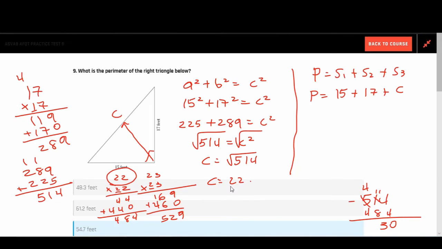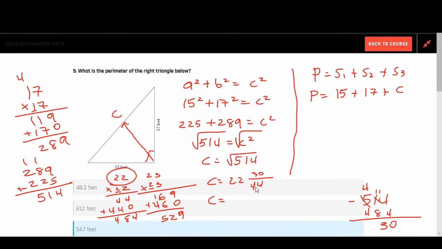Let me get rid of this decimal for the time being so I can show you this little shortcut. You take the difference of the square, which is 514 minus 484, which is 30. You put that over double this whole number. So 22 doubled would be 44.